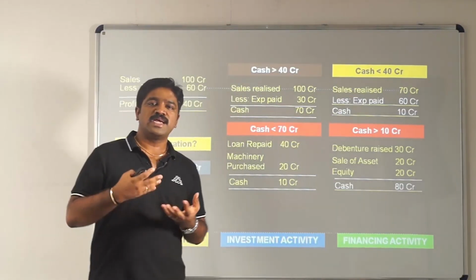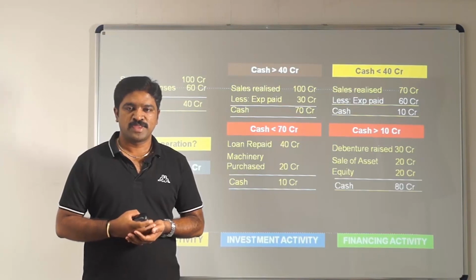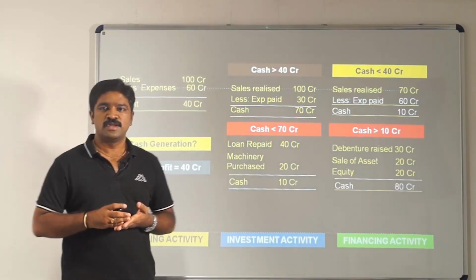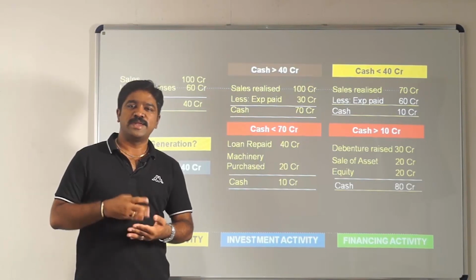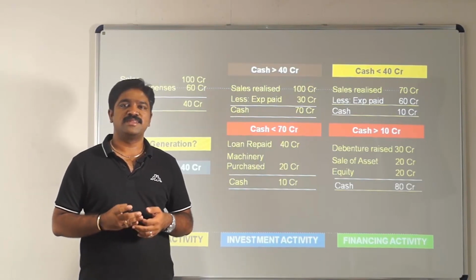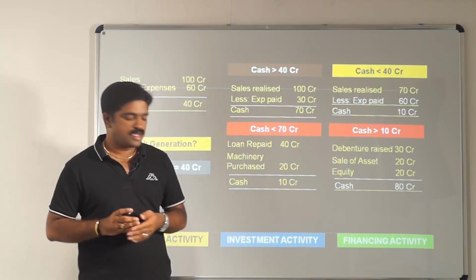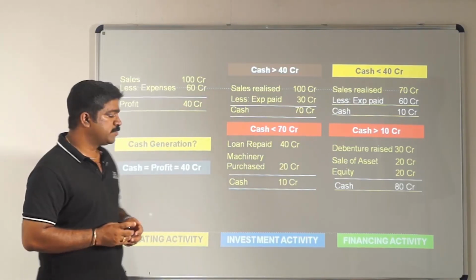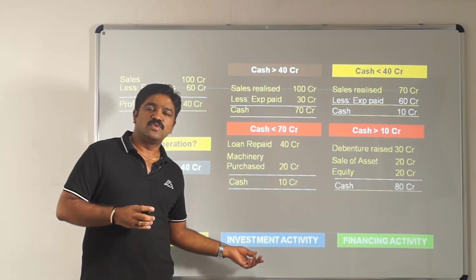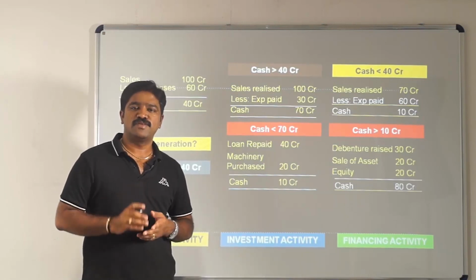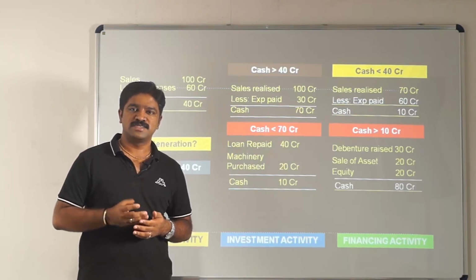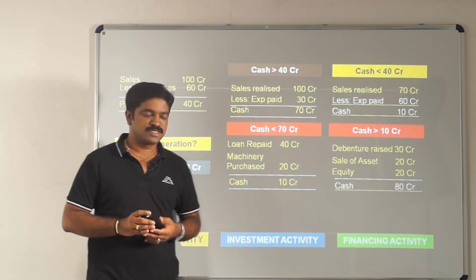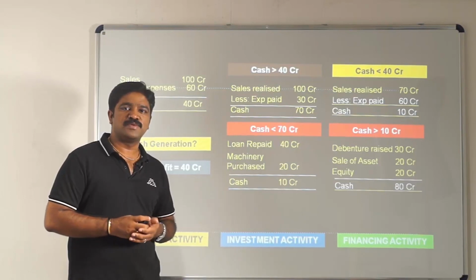Now, what are the cash flows that come under operating activity? Anything that is related to core income generation or operational activity. So it can be income, it can be expense, but anything that is related to operations of the business will come under operating activity. Anything that is related to investment nature, say purchase of investments, purchase of fixed assets, sale of investments, sale of fixed assets, or income from investments, all will come under investment activity.